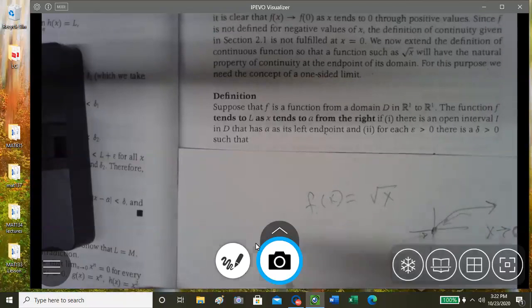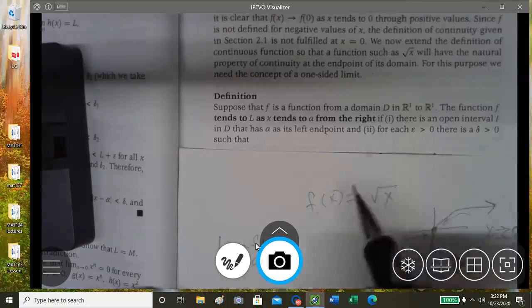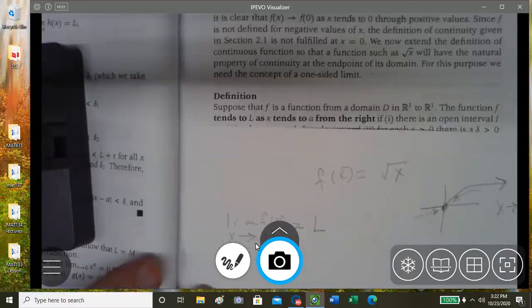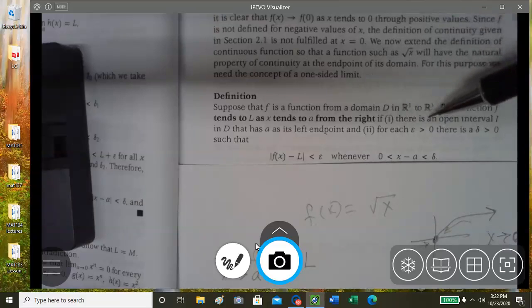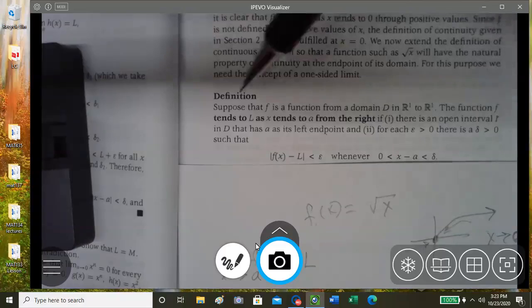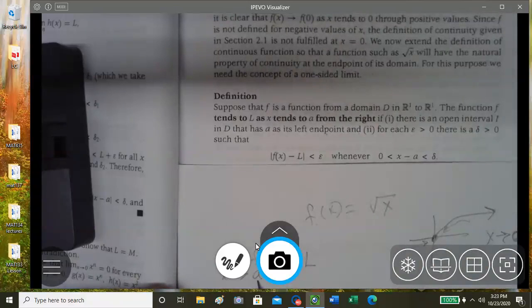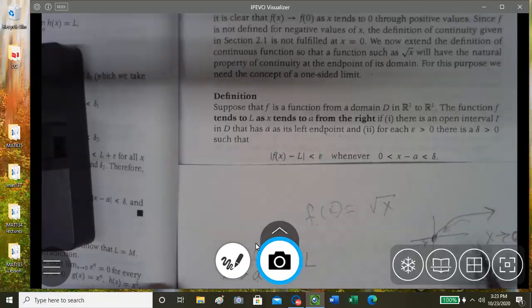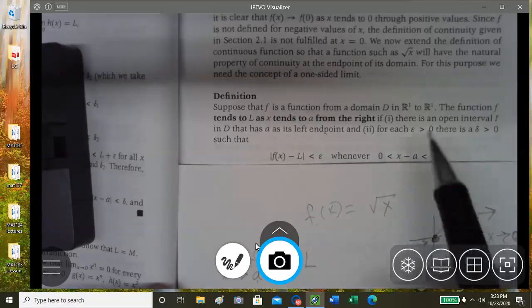So in other words, we have the limit of f of x as x approaches A from the right equal to L if, in the first case, there is an open interval I in domain D that has this A as its left endpoint. So this would be our left endpoint here for our square root of x.